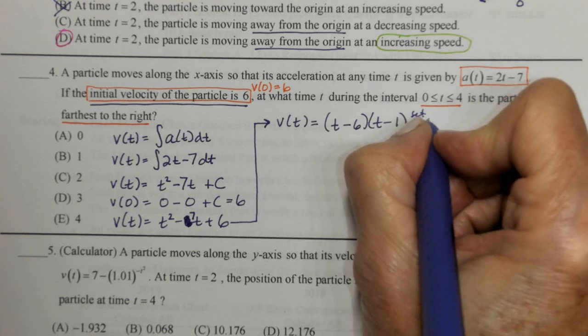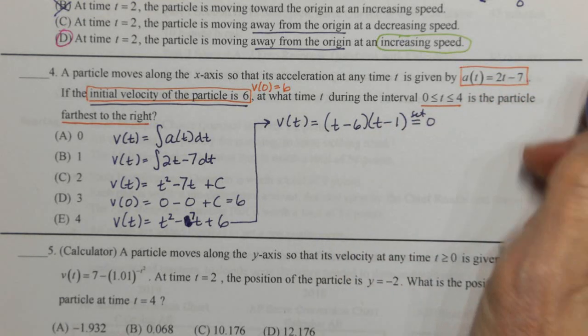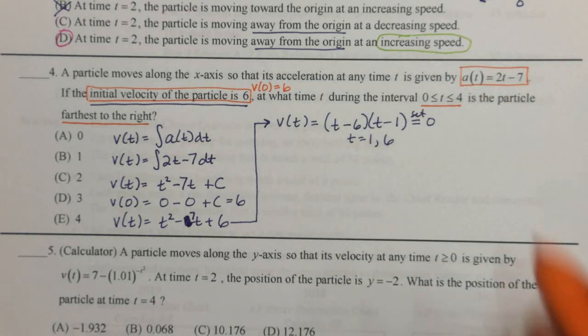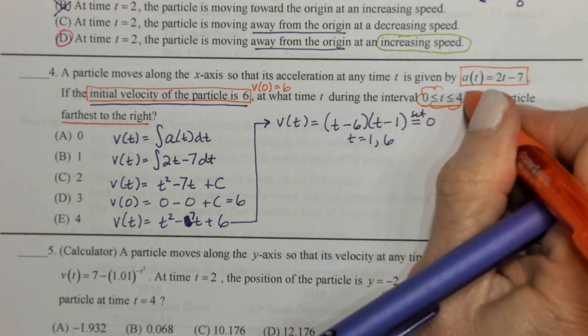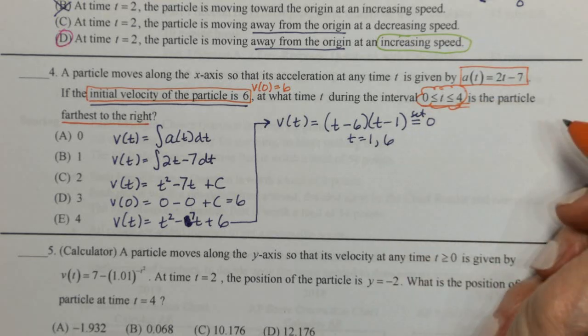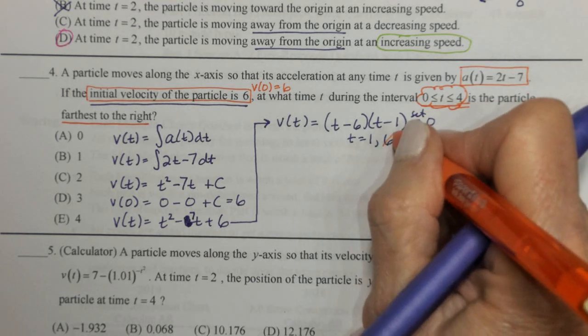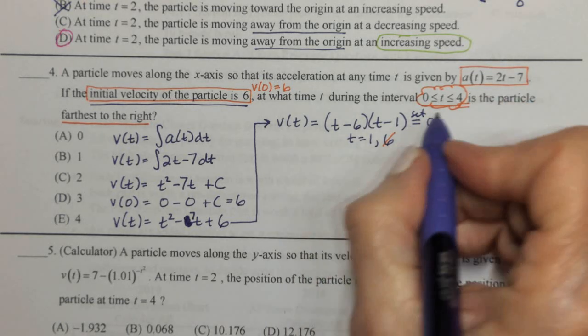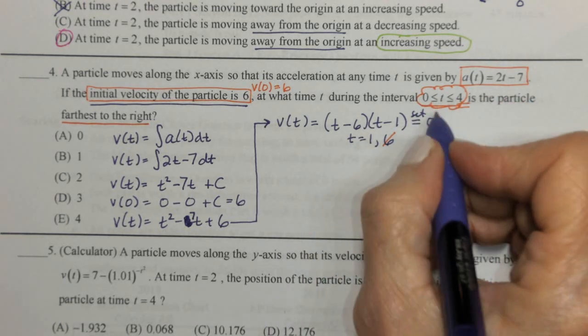I get t is 1 and 6, but in my interval they told me to stop at 4. Since they told me to stop at 4, I'm not going to consider the 6. It's out of my domain.